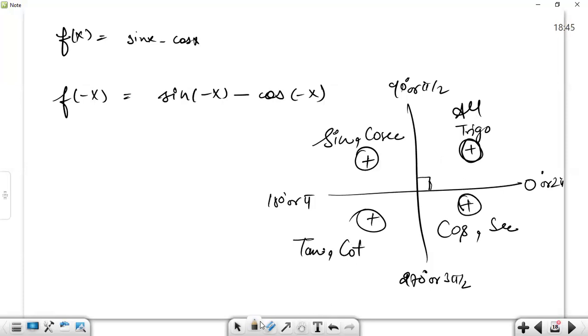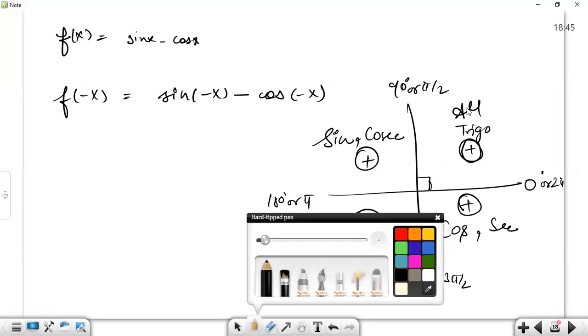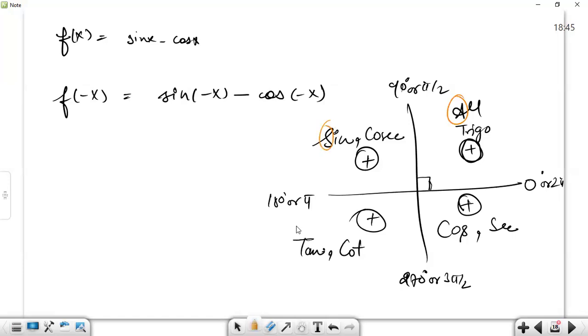You can remember them using a trick: after school to college. Simply A denoting all trigonometric functions, S denoting sine, T denoting tangent, C denoting cos. This is for the first quadrant, second quadrant, third quadrant, and fourth quadrant.